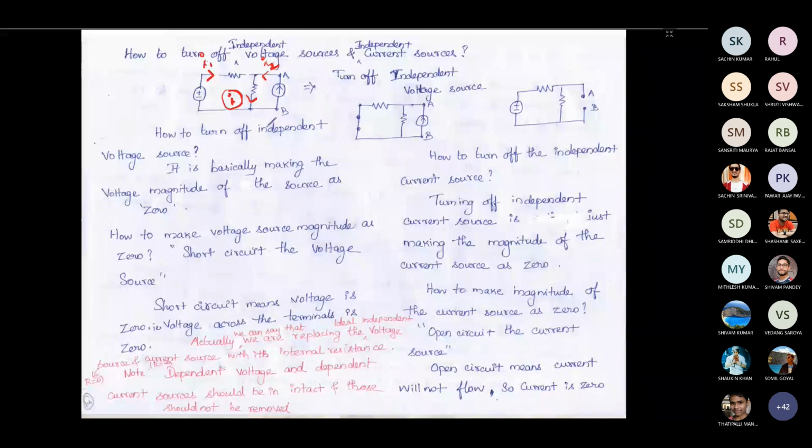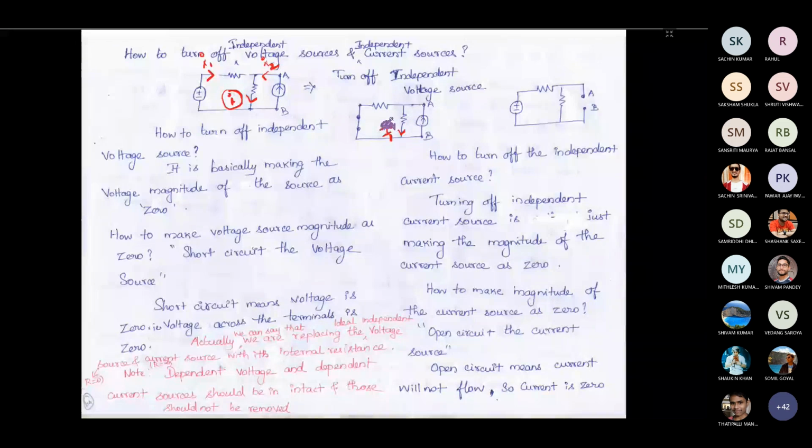Okay. So the very first step is to consider only one source at a time. We want to solve this circuit by the superposition theorem. Here you have two sources. First, you have to consider only one source at a time and find the contribution of that source.